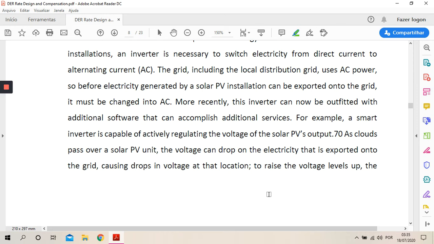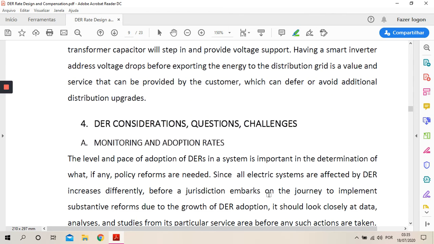To raise the voltage levels up, the transformer capacitor will step in and provide voltage support. Having a smart inverter address voltage drops before exporting the energy to the distribution grid is a value and service that can be provided by the customer, which can defer or avoid additional distribution upgrades.